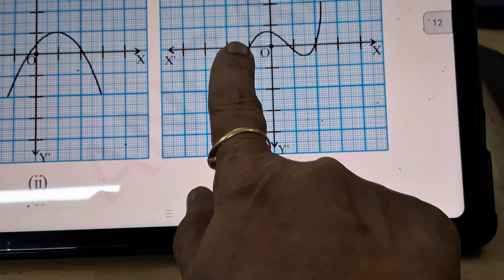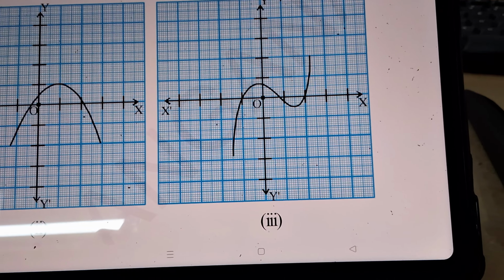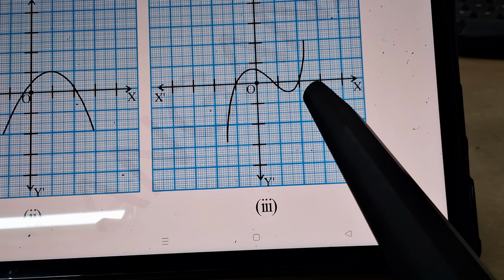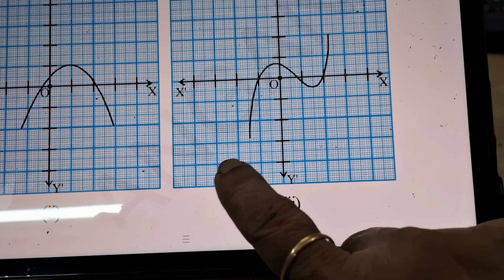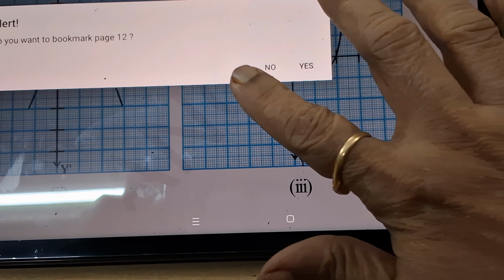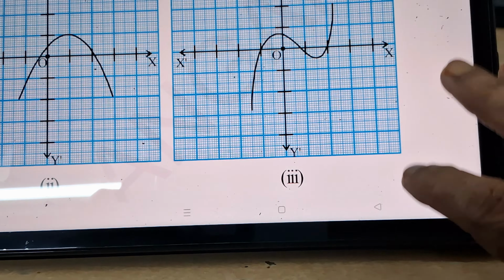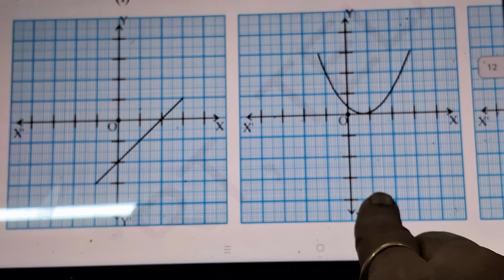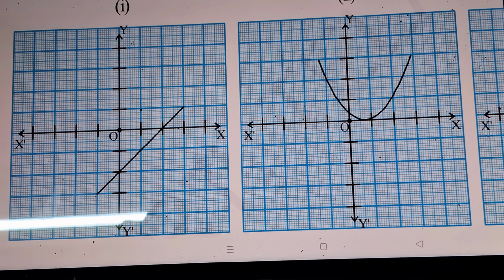And let us see this figure. Here it is intersecting the x-axis at 1, 2, 3 points. So the solutions are 3. Okay. Now let us see the next figure that is given. Now you have got these figures, children. Here this is a line.